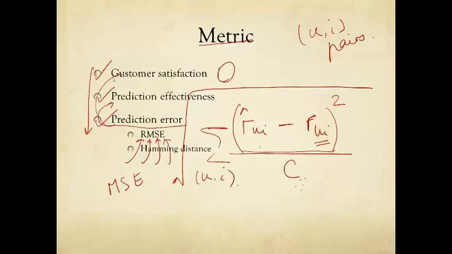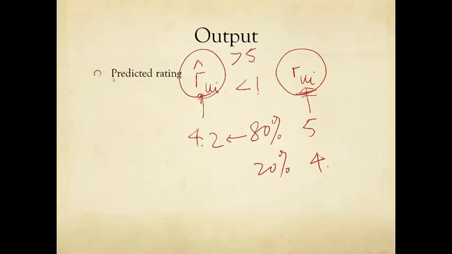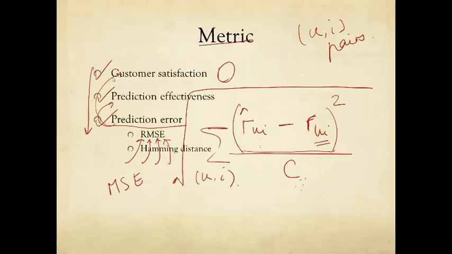So our job is, given the inputs, U and I and RUI, I'm going to find a way to make recommendations and give you an output R hat. I will train this black box by looking at known R and the resulting R hats. How do I train them? By minimizing the RMSE.